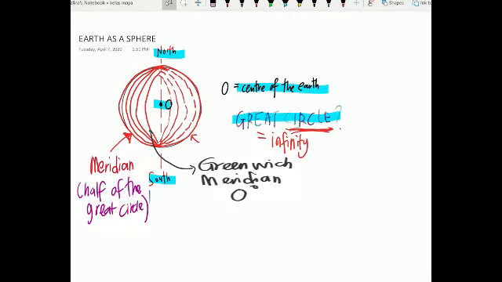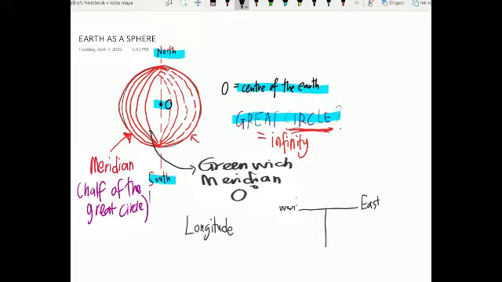Okay, and between this meridian there is an angle, and this angle we call longitude. Or else, I prefer to draw longitude like this, a T shape, because it will tell you about west and east.